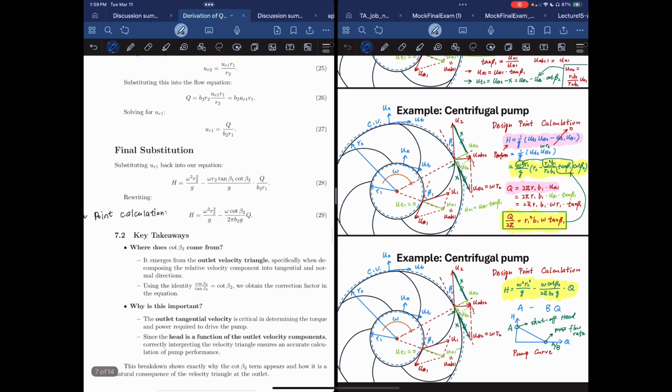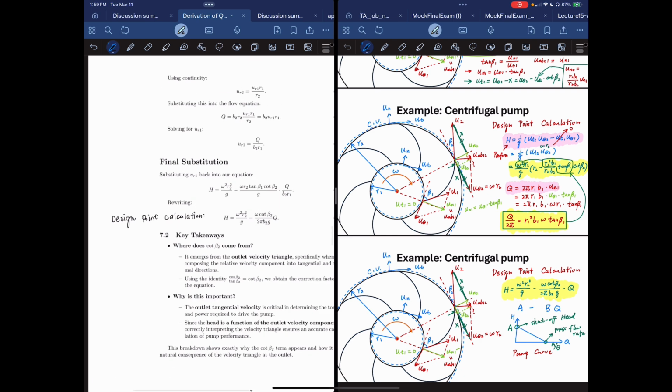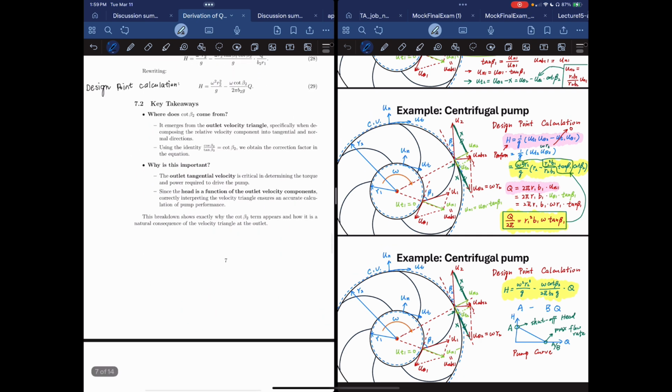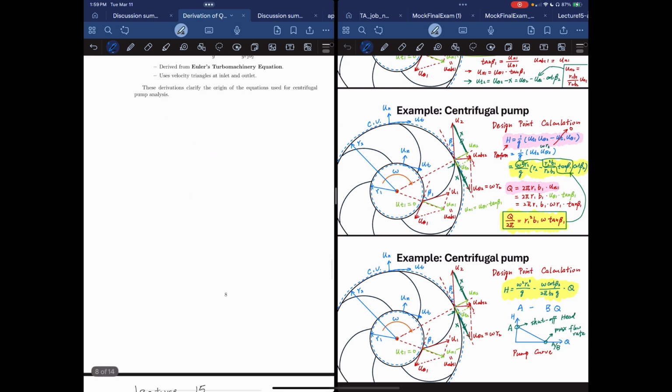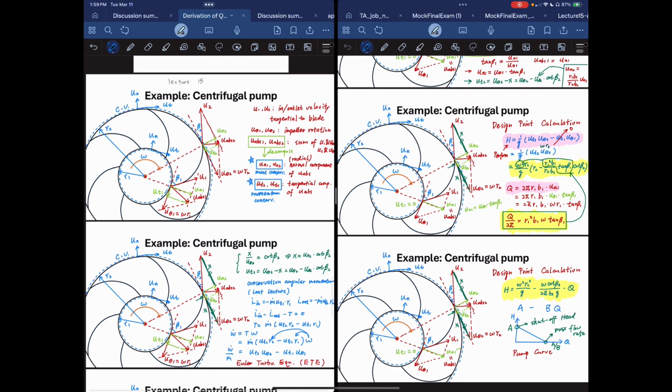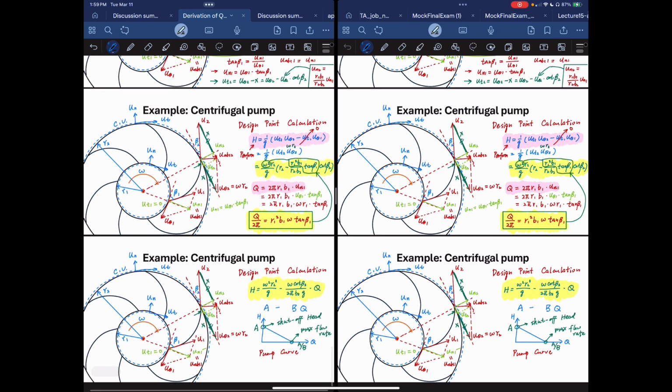And then it matches the professor's slide right here in terms of Q. Okay, and I just answered some questions right there.